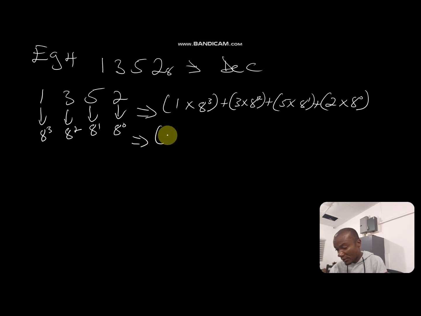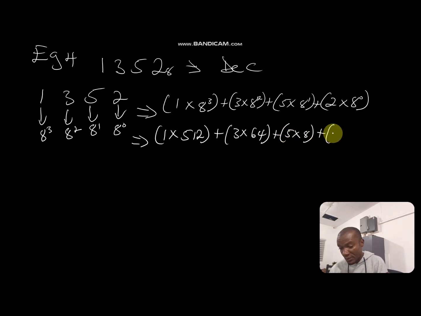So 1 times 8 raised to the power 3 is 512 plus 3 times 8 raised to the power 2 is 64 plus 5 times 8 raised to the power 1 is 8 plus 2 times 8 raised to the power 0 is 1.